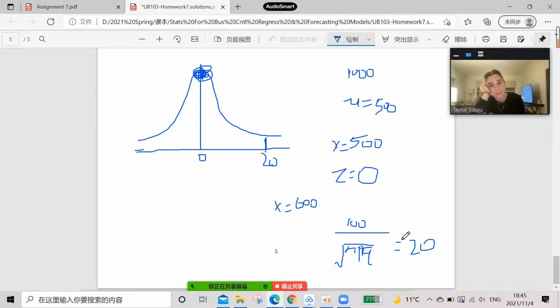And my probability of finding 600 or more heads out of 1,000 tosses is also this area on the right side. But the z critical value, is that what the area is?